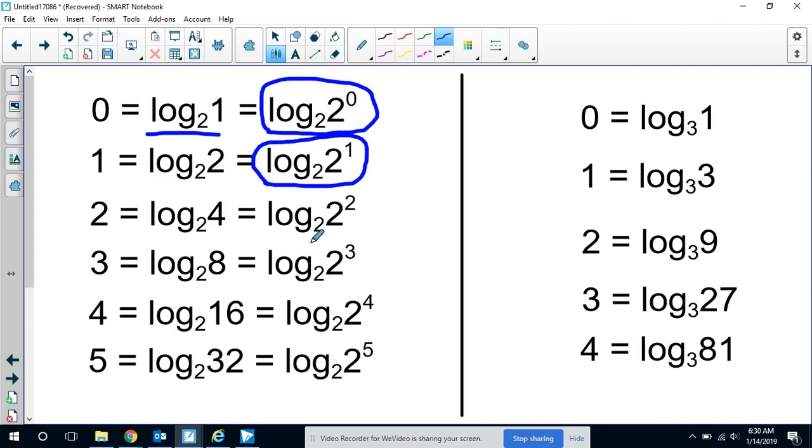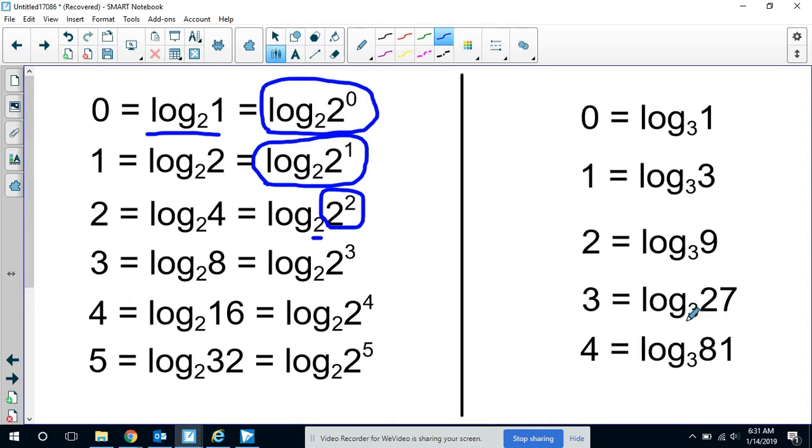And so what you're noticing is that whatever the base of the log is, if the number on the inside of the log is the exact same, and then we have an exponent there, then we can just make the answer the exponent. So you can kind of just look at this chart and see what's going on.